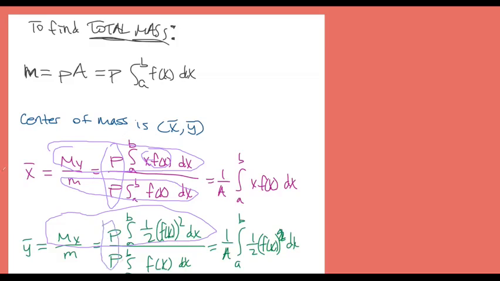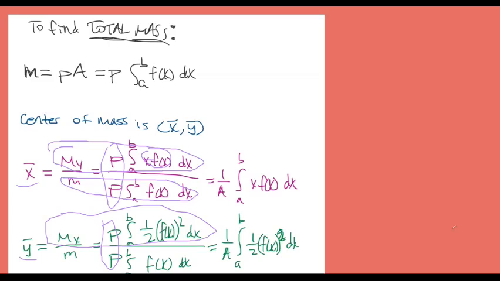So you don't have to know them for x bar and y bar, but you would for the individual calculations. You might think it's pointless if they cancel out. Well, it is for finding the centroid, but if you wanted to know just My, just Mx, or just m, you would need to know the density. So keep that in mind.